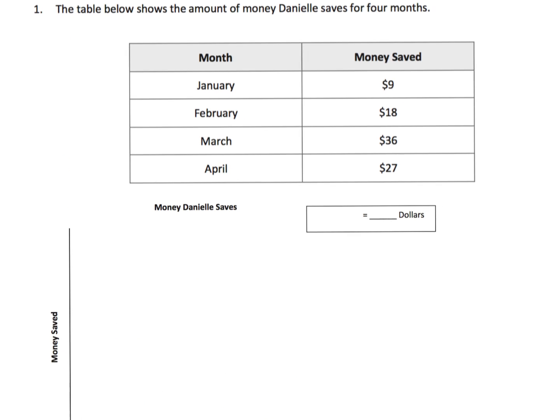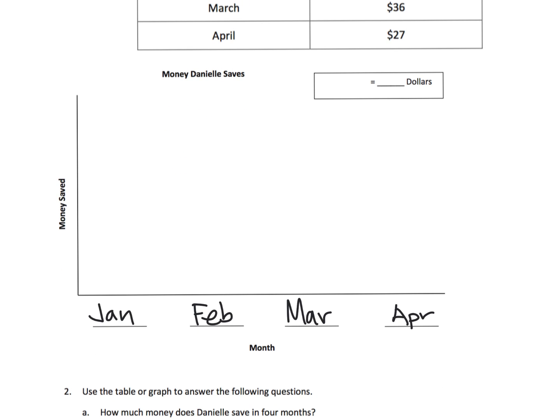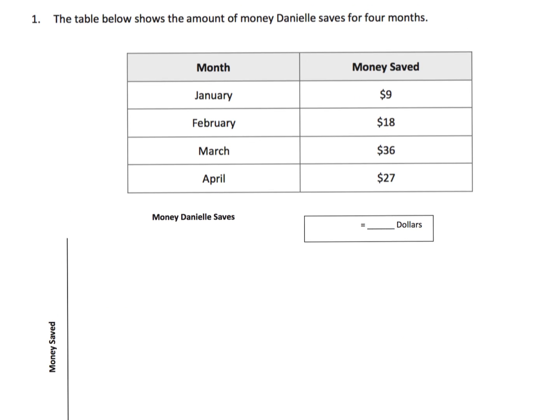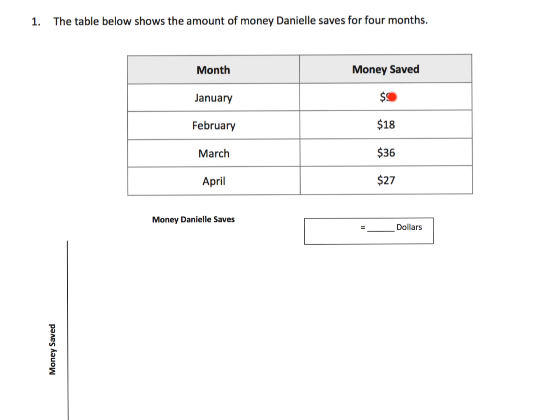So we have our months recorded. Now the idea with the picture graph is we know we're going to have pictures going up above each of these. But we need to think about what value each picture is going to have. So let's look at that table, and we can see that 9, 18, 36, and 27, each of these numbers is divisible by 9, or they're also divisible by 3.